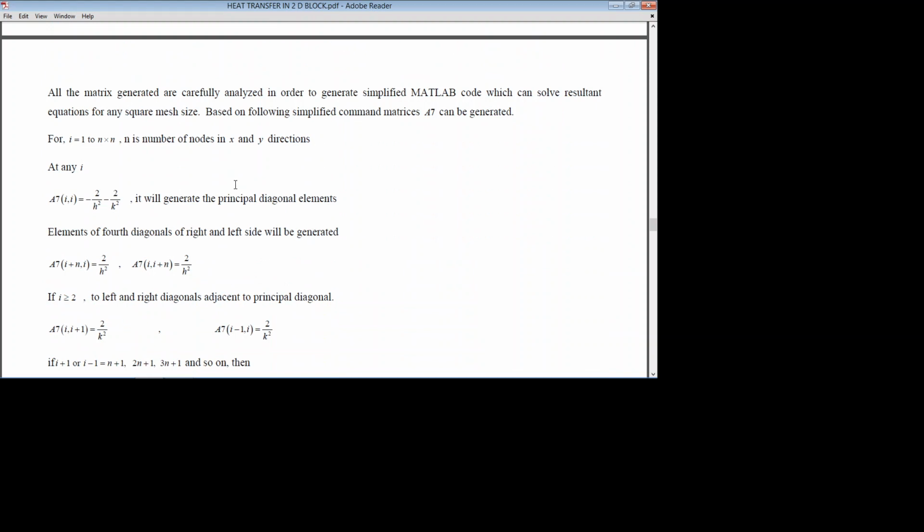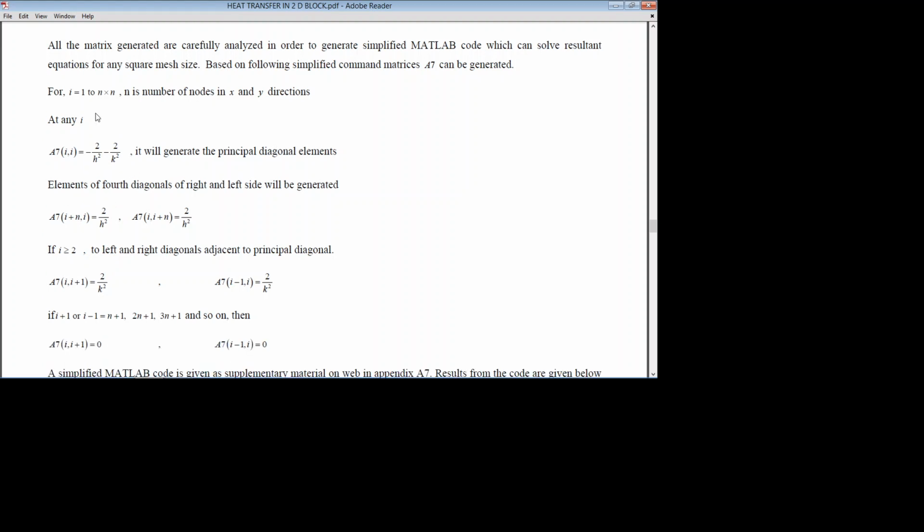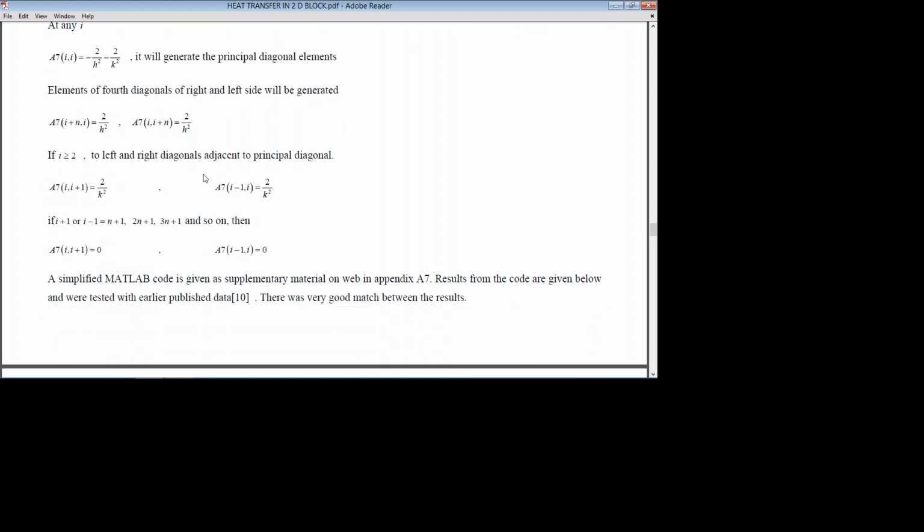Now we have given a scheme for how we can generate this matrix. For any i, this is the main diagonal term. Here 2 upon h square minus 2 upon k square will generate the principal diagonal terms. The elements of the fourth diagonal on the right and left side would be generated by this command.